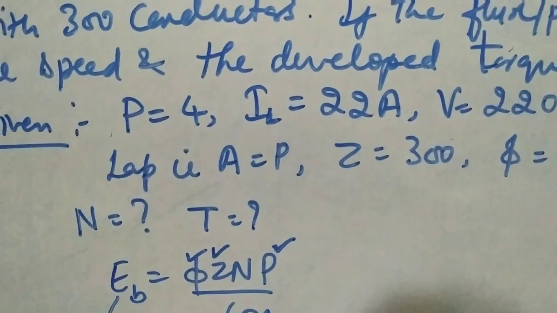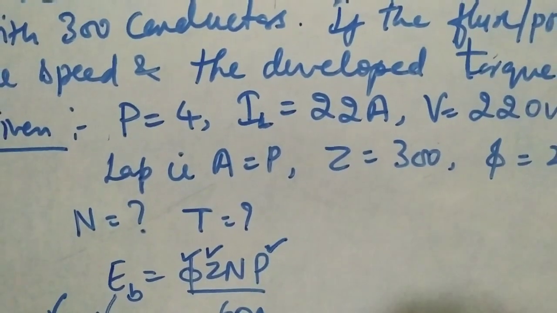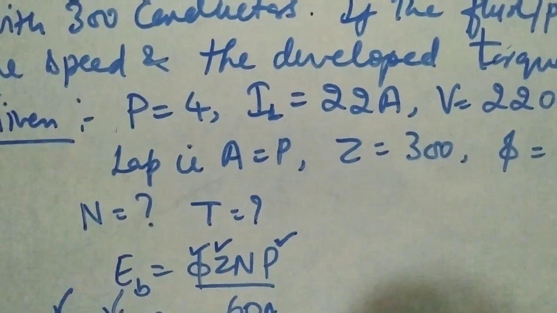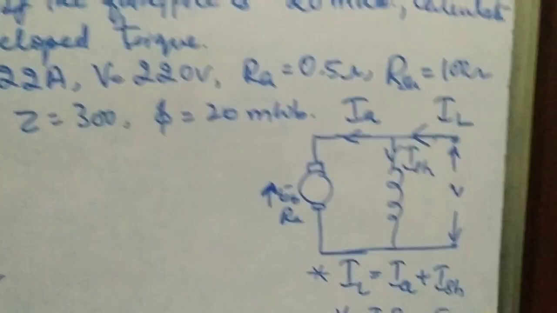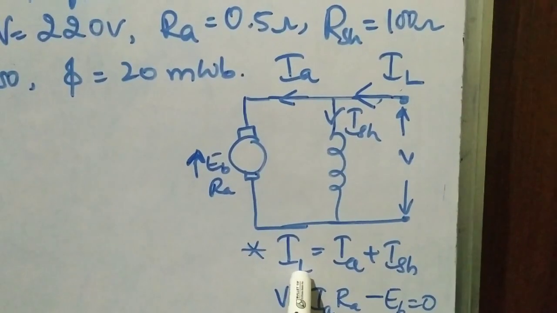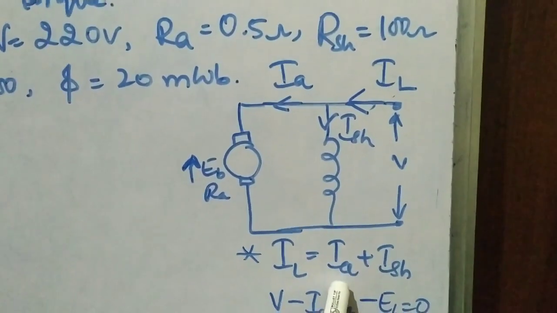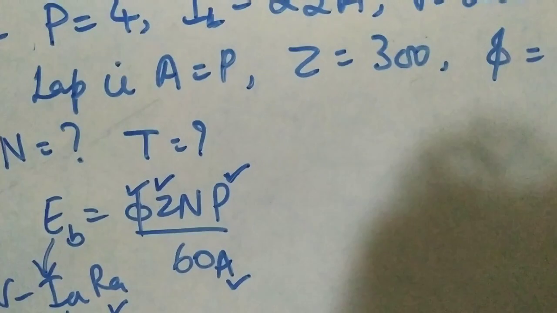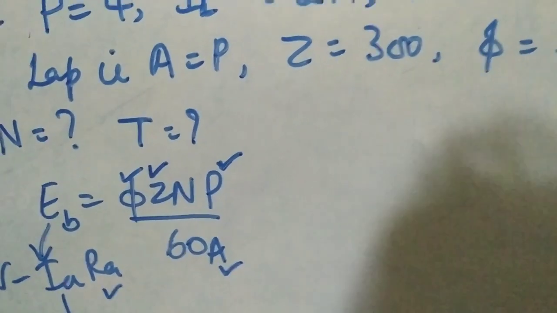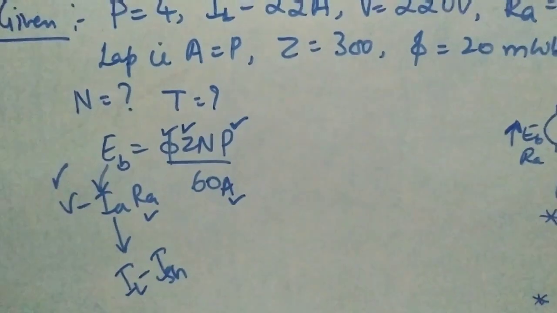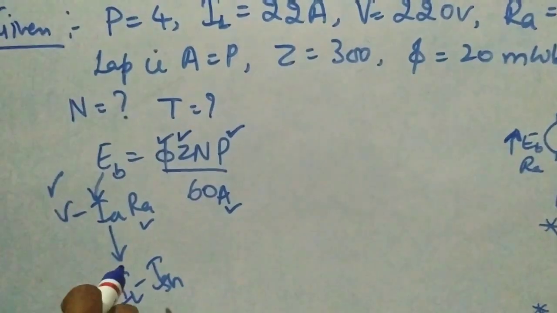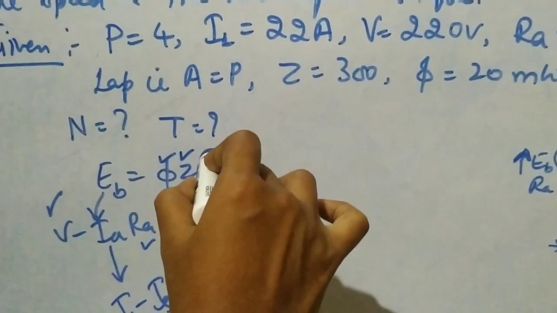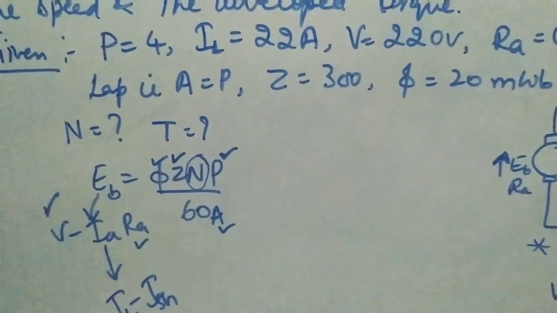V is given, RA is given. How to find IA? As you all know, in the KCL, IL is equal to IA plus ISH. So IA is equal to IL minus ISH. This is how you can solve step by step, and finally you can get the value of the speed. So this is about the speed.